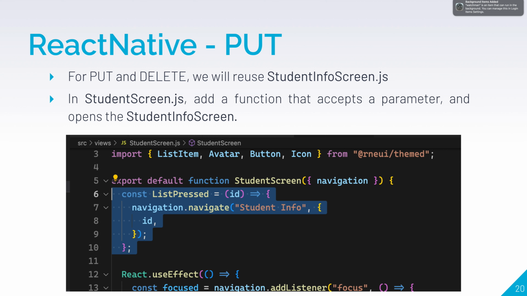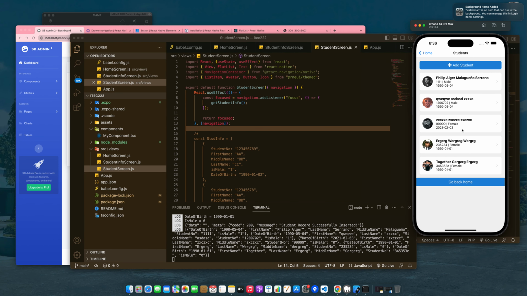Now we go to put and delete. So for put and delete, we will reuse the student info screen. So in student screen, let's just add the function that accepts a parameter and opens the student info screen. So if one of these is pressed, it will open the student info screen.